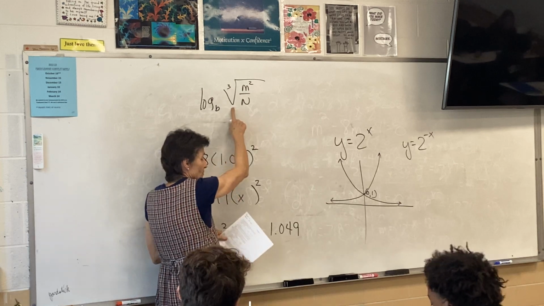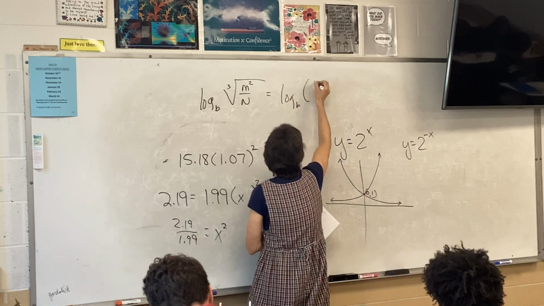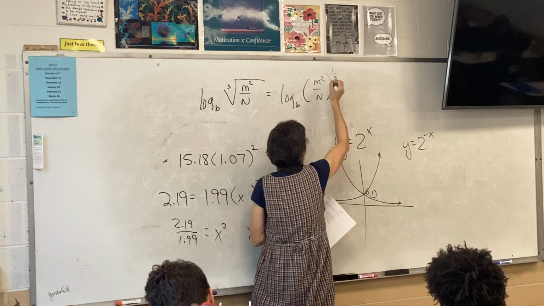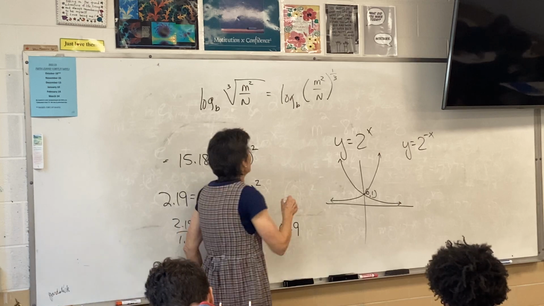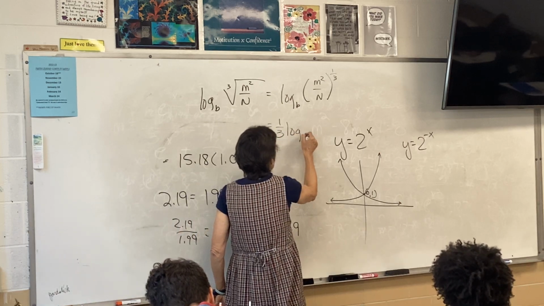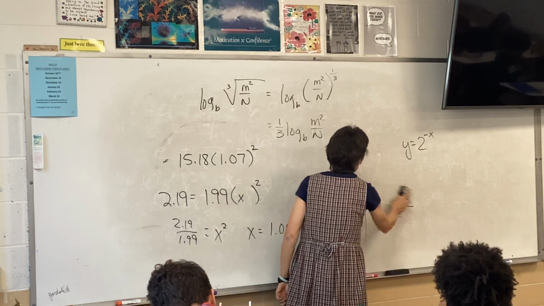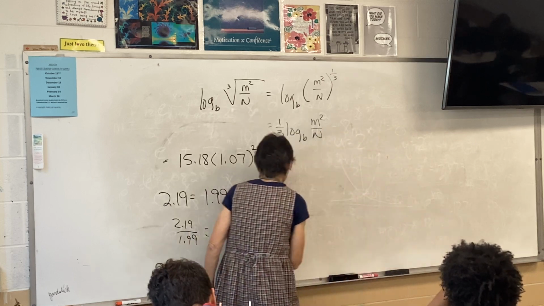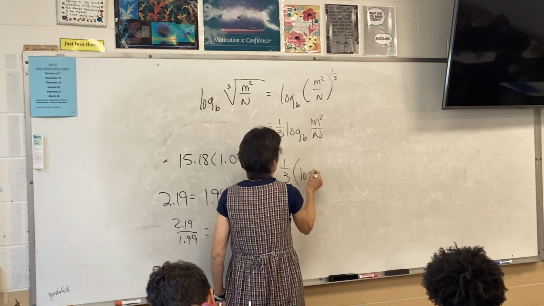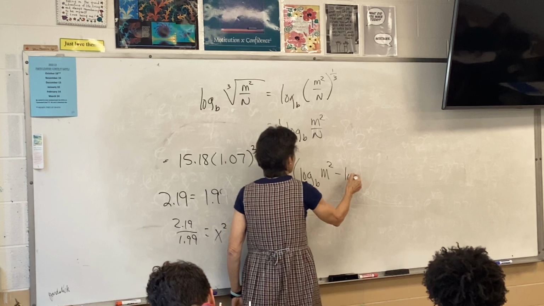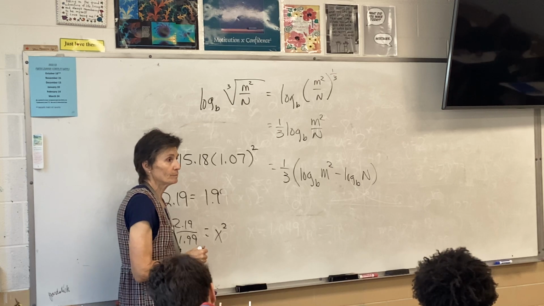So first of all, we don't like radicals in logarithms, so we'll rewrite that to the 1/3. And then what happens to the 1/3? It comes out in front. And then what happens to m squared over n? That becomes a subtraction. So 1/3 times log m squared minus log n. And then what happens to the 2?